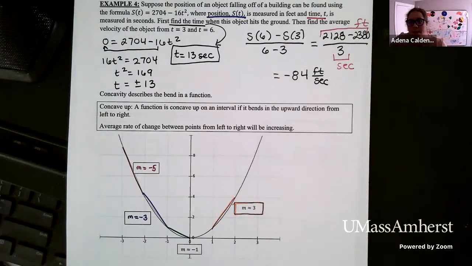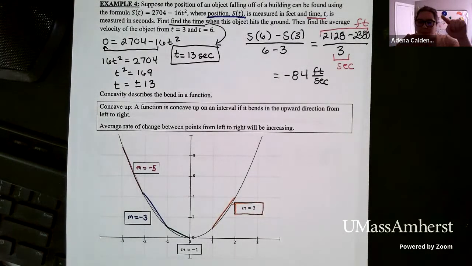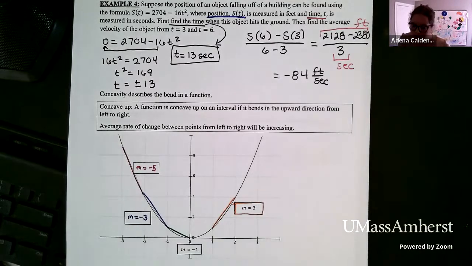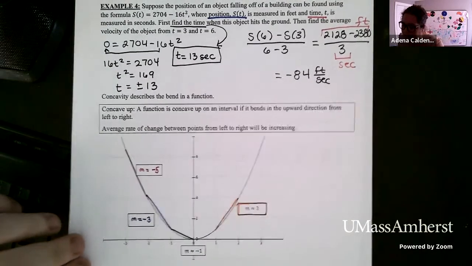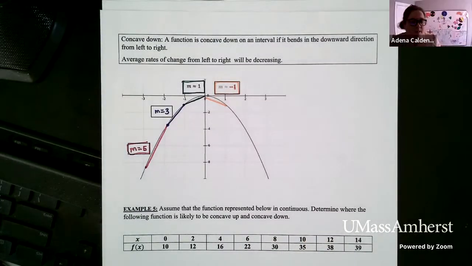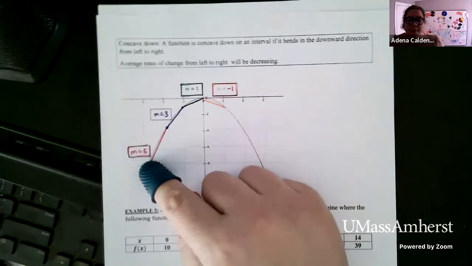Now, why would that be useful? If we have a picture or a graph, you can visually tell where something is concave up by looking at the bend. We are going to be mostly using this on tables where we don't have the picture, okay, just for some context. Now, as you can imagine, if our average rates of change are decreasing from left to right, so here's an example of that.